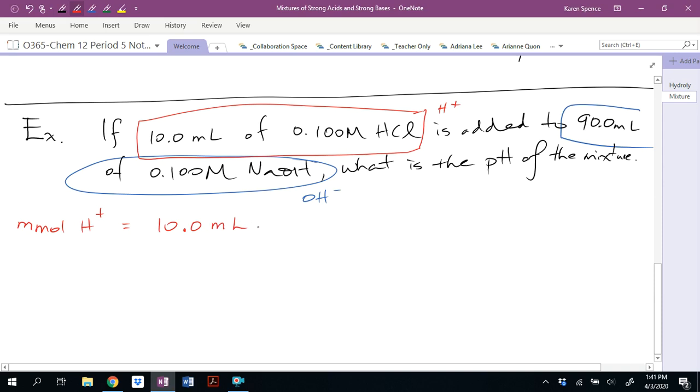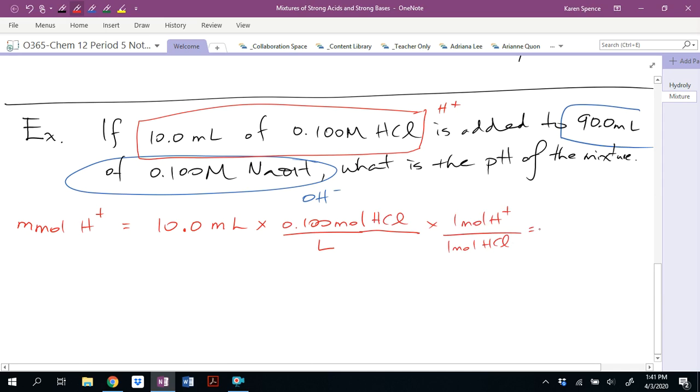Okay, times 0.100 moles per liter of HCl. And remember, there is 1 mole of H plus for every 1 mole of HCl.